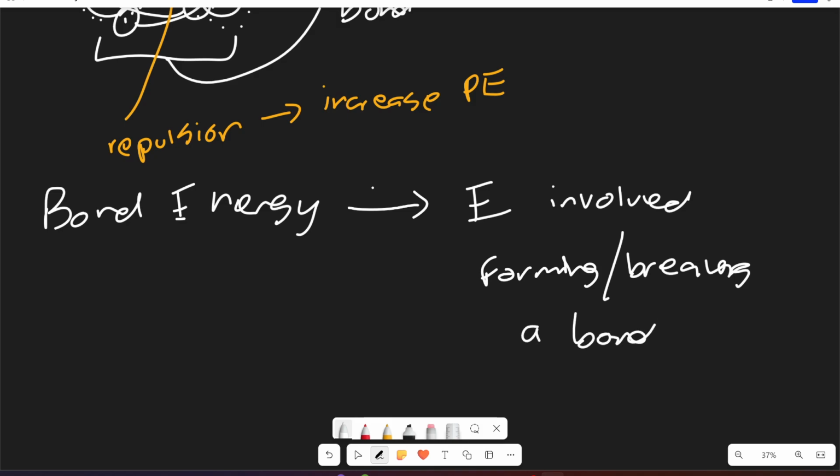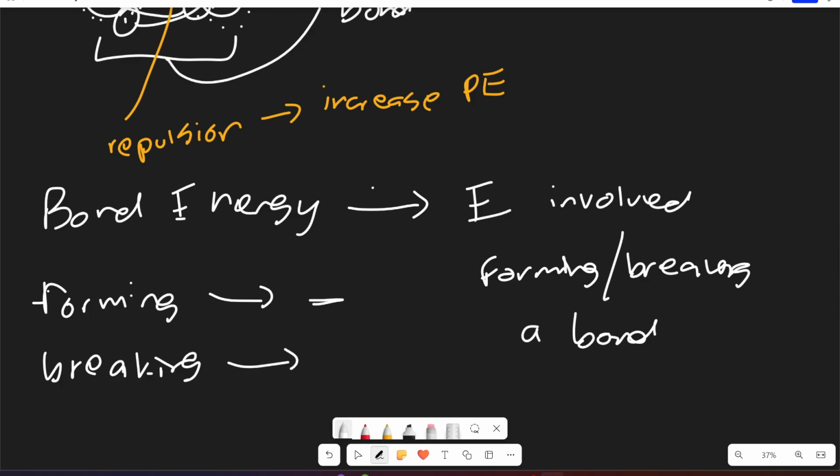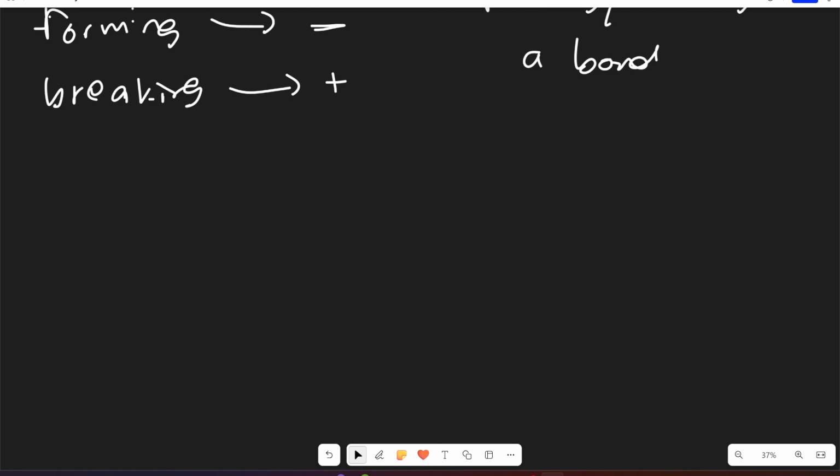And we want to keep in mind that forming bonds is an exothermic process. So therefore our delta E or delta H is going to be negative, and then breaking bonds, you have to put energy in to break bonds, therefore it's an endothermic process, so that'll be a positive delta H.